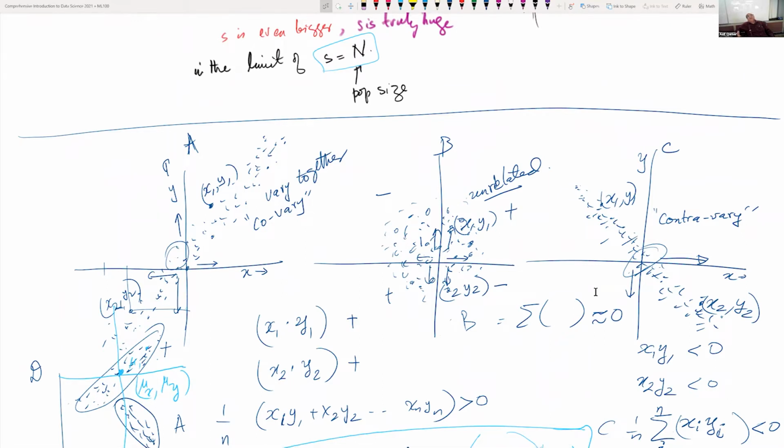It doesn't matter what X is, Y takes a different set of values, a range of values, isn't it? So you know that when the correlation value is away from 0, positive or negative, there is a relationship between the 2. They vary together, or they contravary if the covariance is negative. But when the covariance is 0, like in the example of B, they are unrelated.